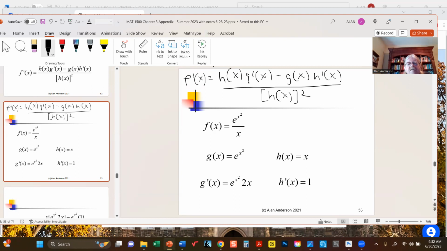All right, so we have, so make some space here.